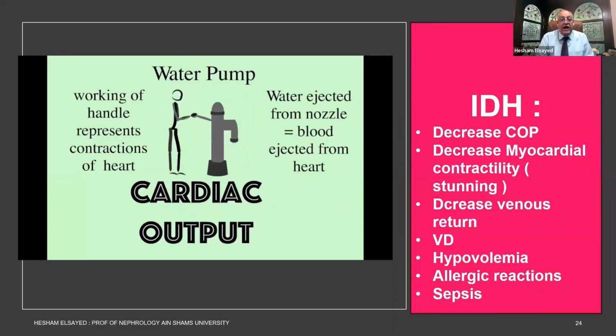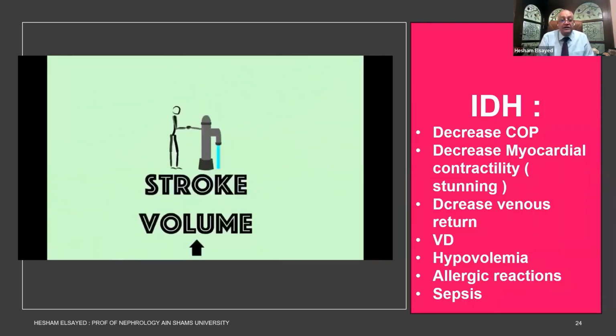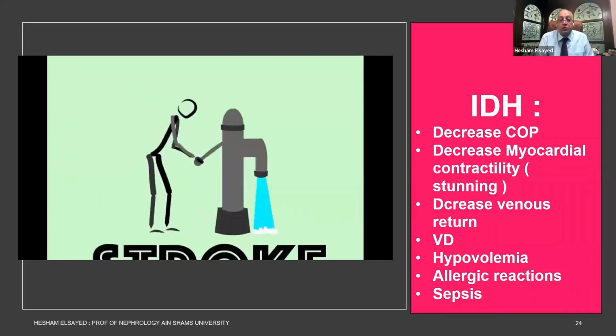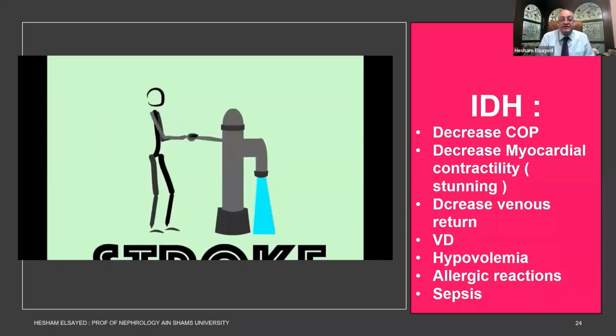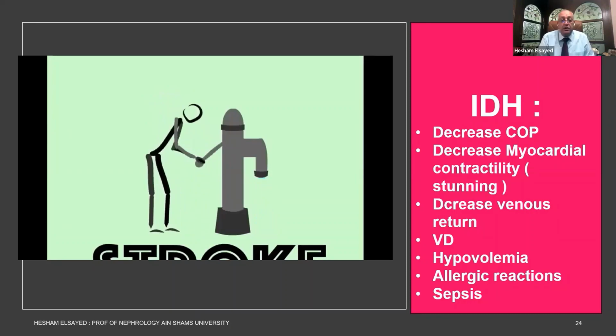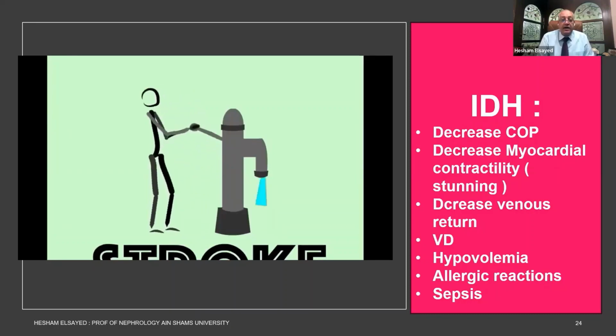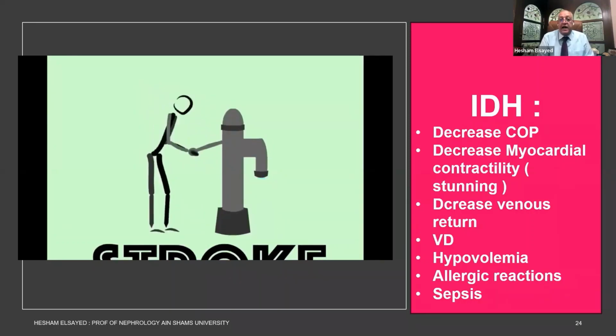If you have a preload deficiency, we will have a decrease in the stroke volume, and if we have hypovolemia, subsequently the stroke volume will be lower. So if we add peripheral vasodilatation to the hypovolemia, we will find severe intradialytic hypotension.